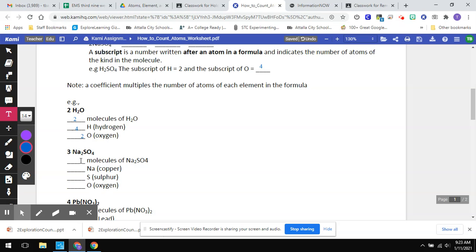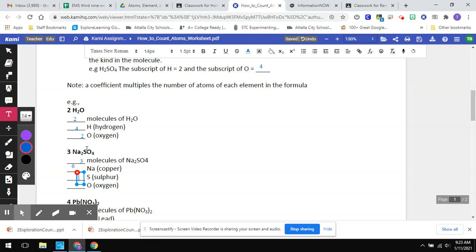So for this one right here, it wants to know molecules of this right here, and you're just looking at your coefficient. So you're just going to have 3. Then it wants you to go into each specific element and how many there are of it. So 3 times 2 is 6 for sodium. For sulfur, it's an understood 1.